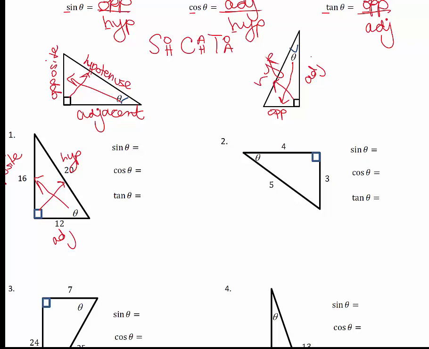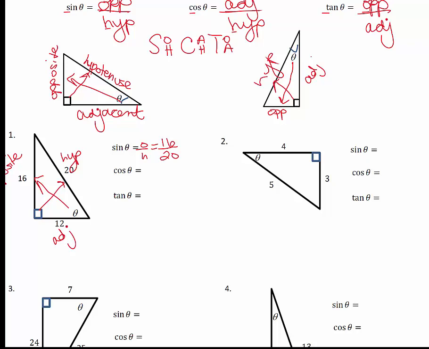Now, when we're trying to figure out these ratios, we're basically just looking for a fraction. So for sine, if you look above, we're looking for the opposite over hypotenuse, which you might want to abbreviate O and H. The opposite, we labeled that side as 16, and we labeled the hypotenuse as 20.